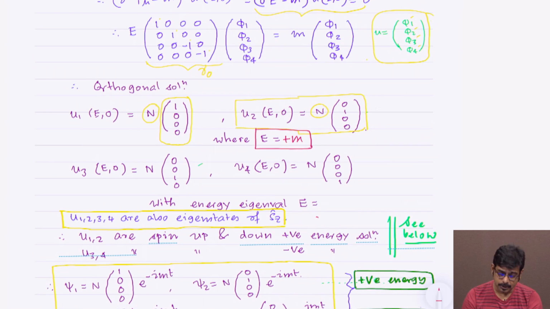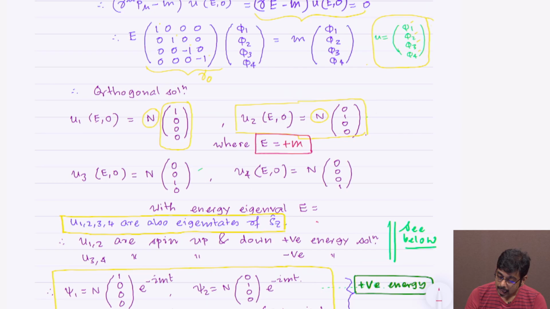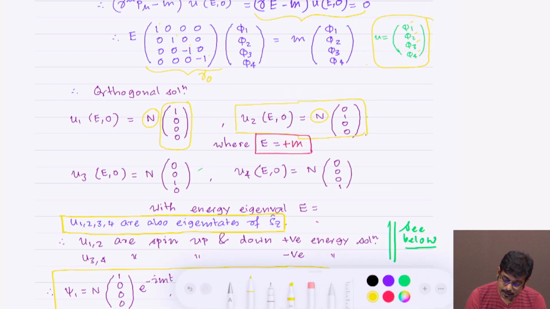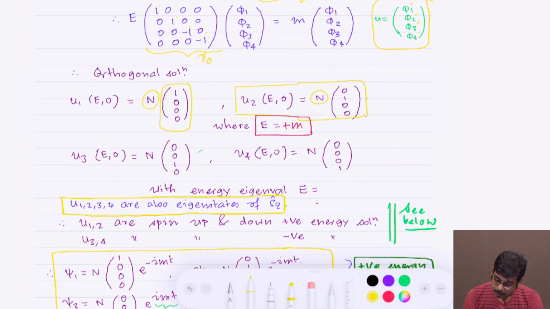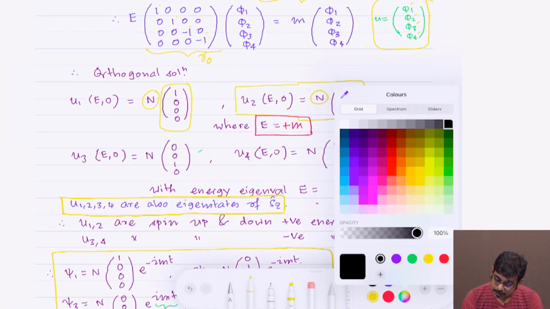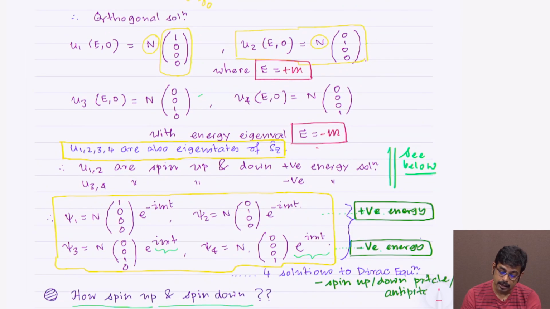Now, I have two other possibilities. u 3 e 0 I can choose as 0 0 1 0, and I can also choose u 4 e 0 equal to 0 0 0 1, and just because I had these two negative signs in the gamma 0, can you tell me what the E values will be for these two cases? Yes, you are right. This is going to give you E equal to minus m for these choices of u 3 and u 4, which are 0 0 1 0 and 0 0 0 1.